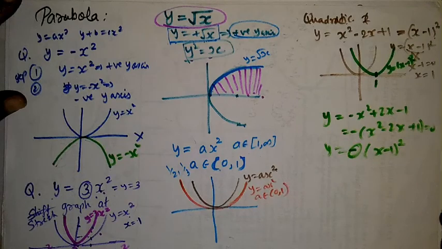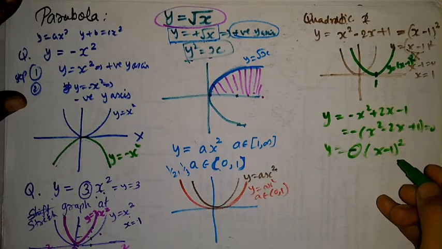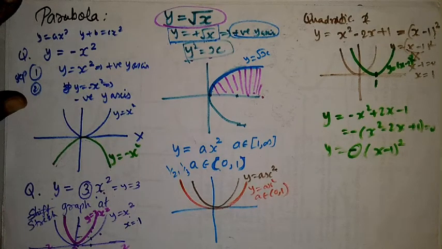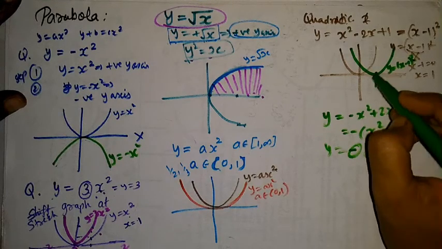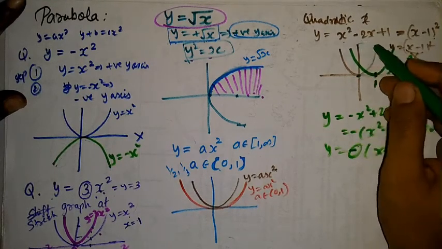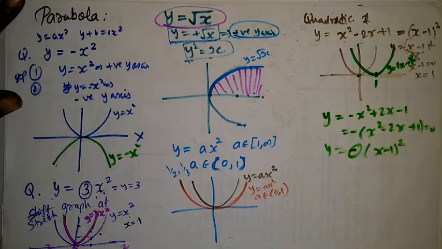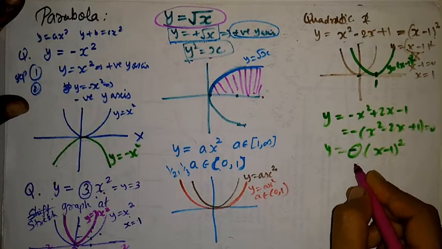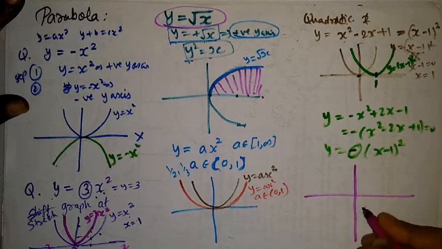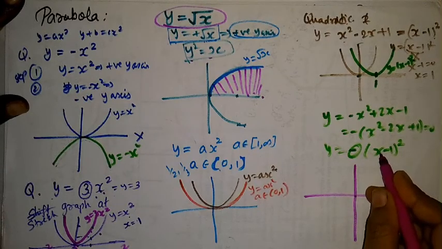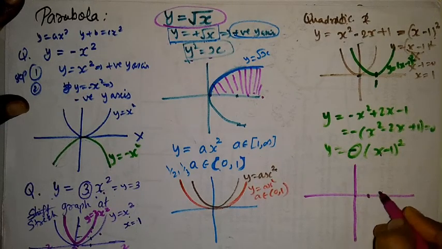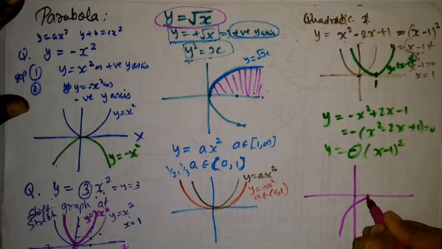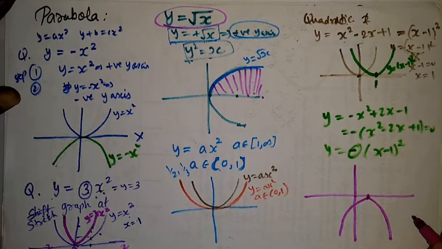I have already told, when it's negative sign we have to draw the graph on negative y-axis instead of positive y-axis, because we have drawn the graph here on positive y-axis. So in this graph we have to draw the graph on negative y-axis, and x minus 1, so it will start from x is equal to 1. So this graph will be like this.